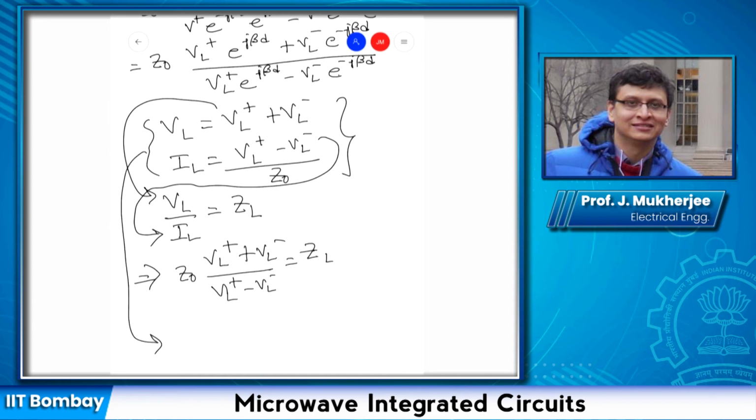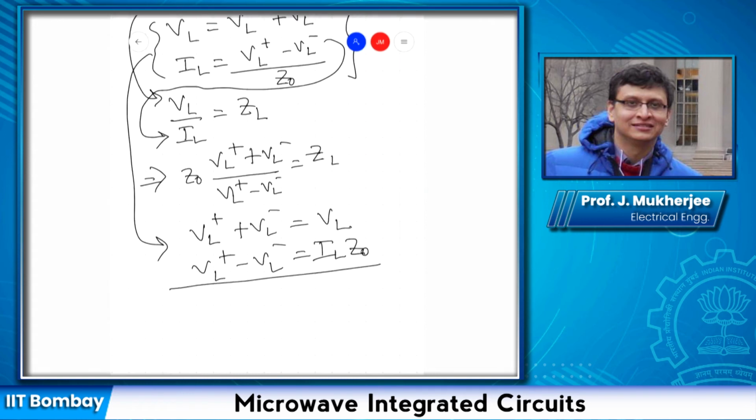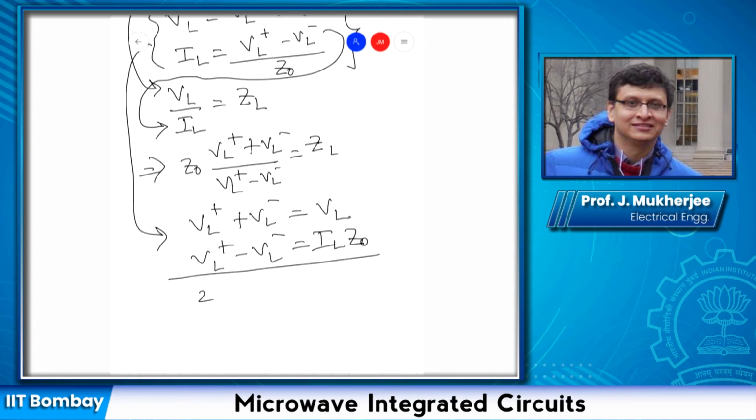I can write them like this: V of L plus V of L minus equal to V of L, and V of L plus minus V of L minus equal to I of L times Z0. And then if I add these two equations, I get 2 V of L plus equal to V of L plus I of L Z0.